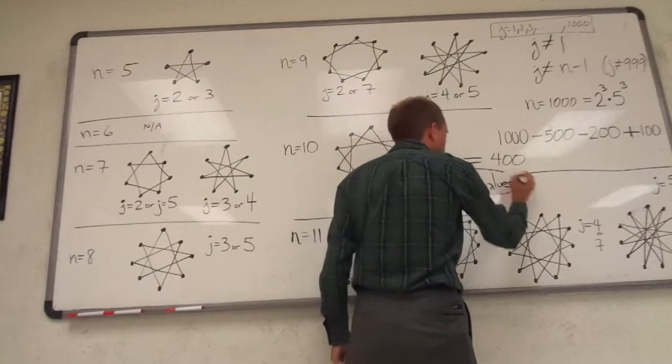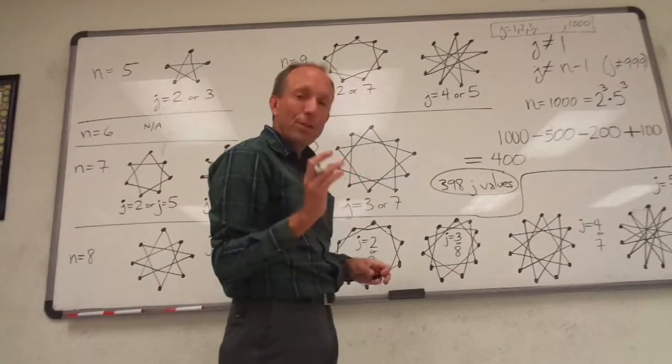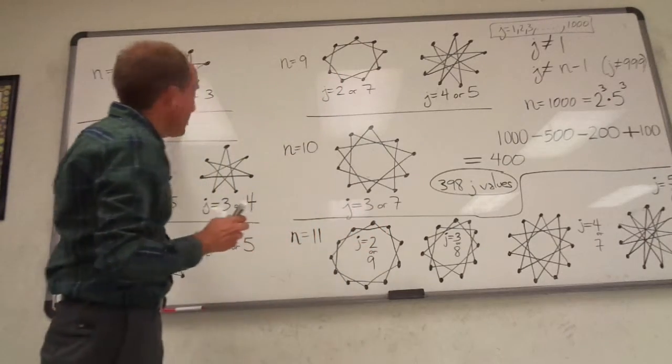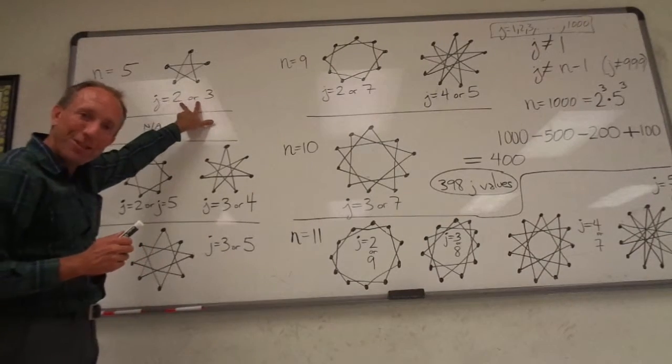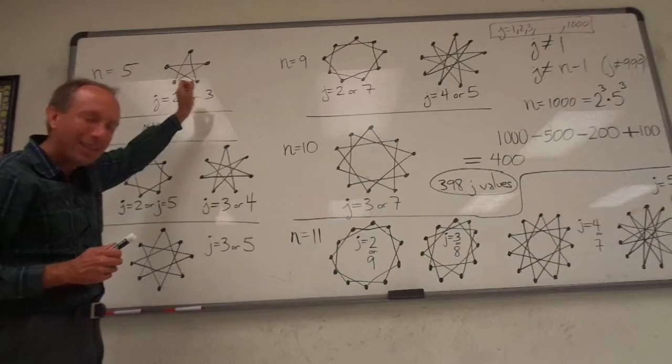So is that the answer, though? The problem is, it's almost right. As we see in all of these examples here, there are always two different j values that make the same star, right?